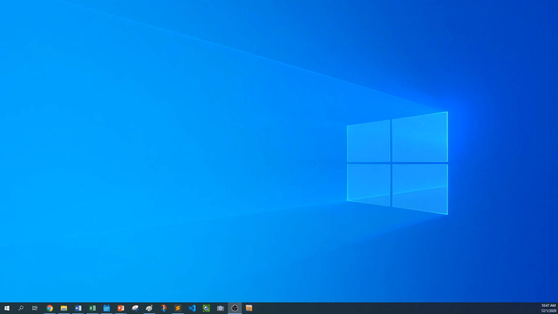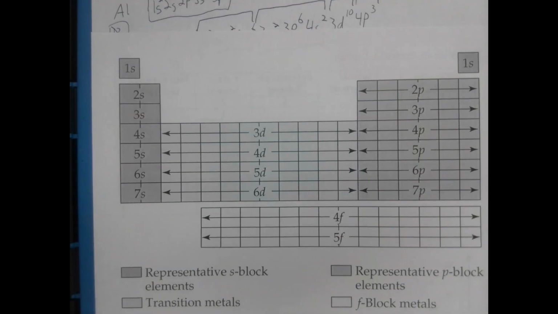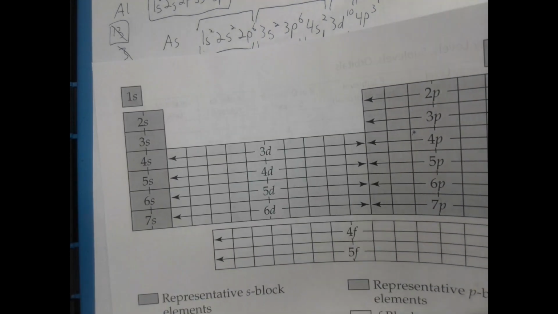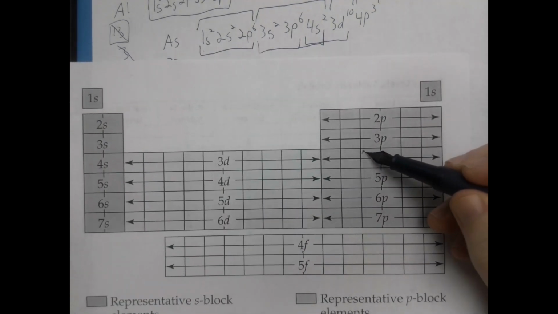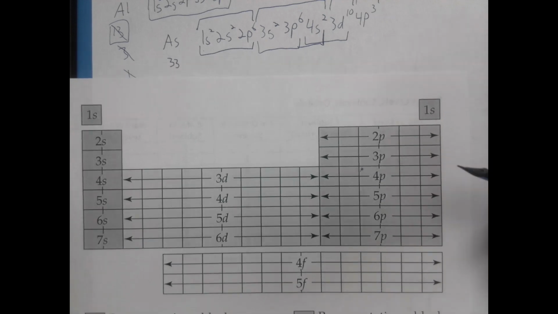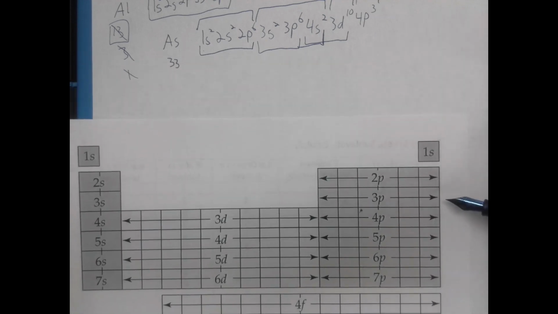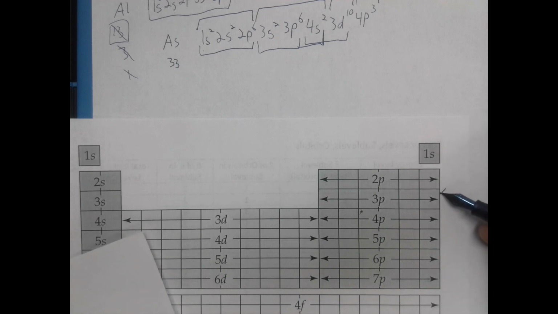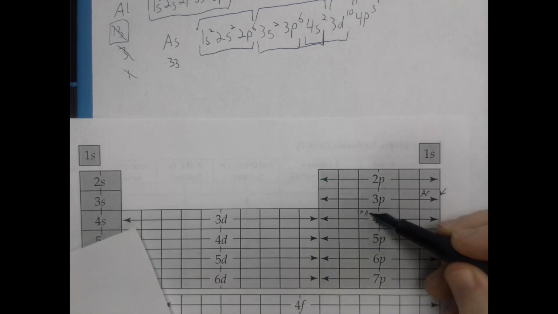This is where this technique makes it way easier. So let's look at arsenic. Arsenic was right here. Looking at the element preceding it, if we go back, the noble gas right here preceding it is argon. So this is argon, and this is arsenic.